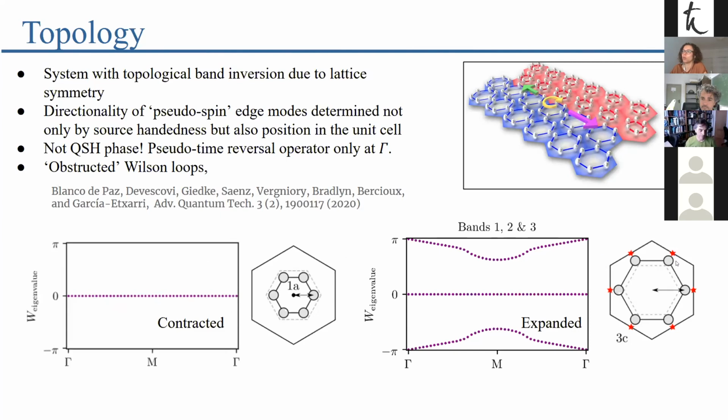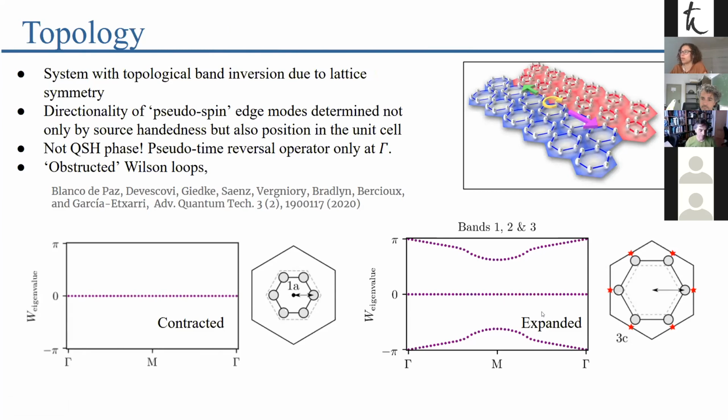And here I'm showing our calculation of the Wilson loops for our plasmonic realization, where we see the same conclusions. And the key point here is that the Wilson loop is not winding, so it's not accumulating a phase as we travel from one unit cell to the next one.